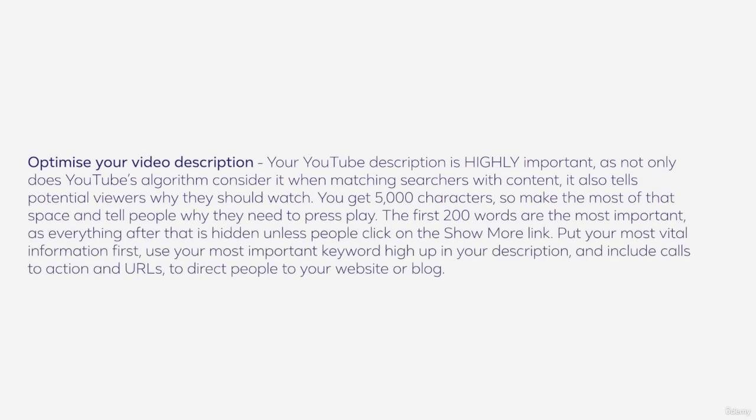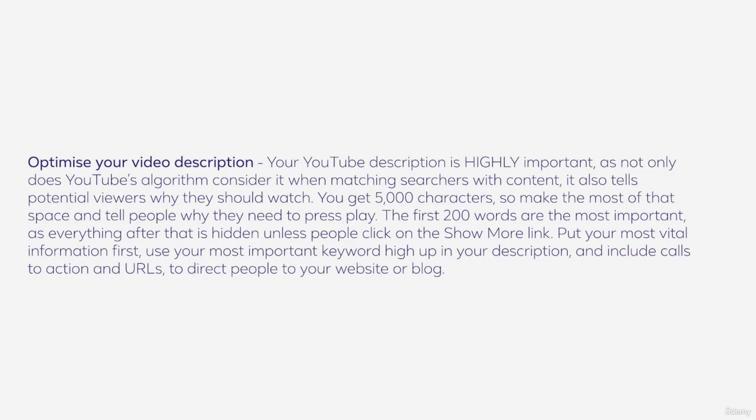Optimize your video description. Your YouTube description is highly important, as not only does YouTube's algorithm consider it when matching searchers with content, it also tells potential viewers why they should watch. You get 5,000 characters, so make the most of that space and tell people why they need to press play.